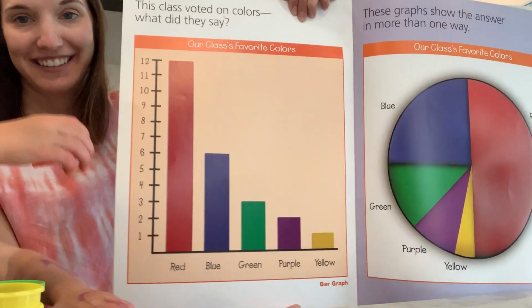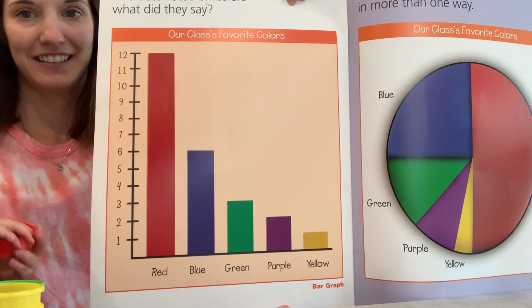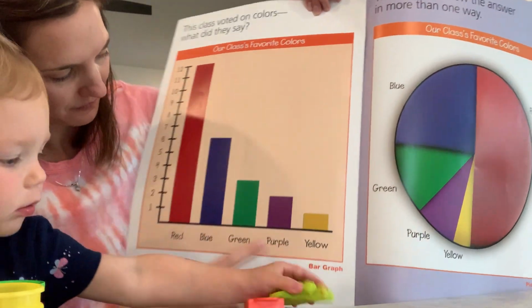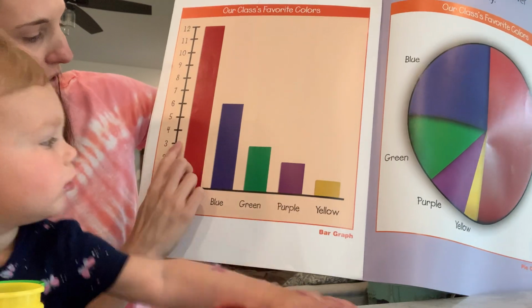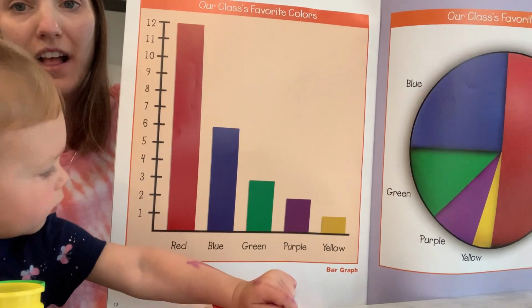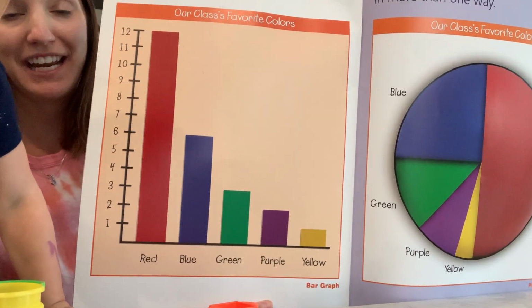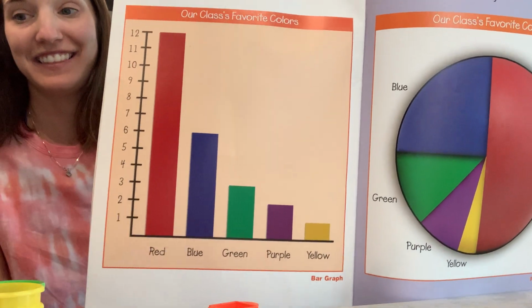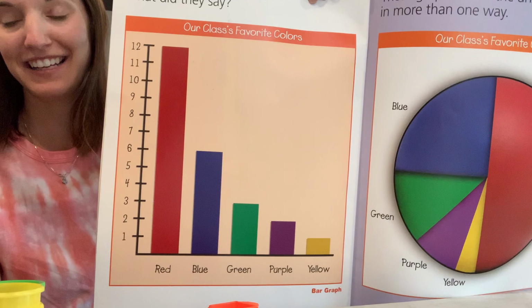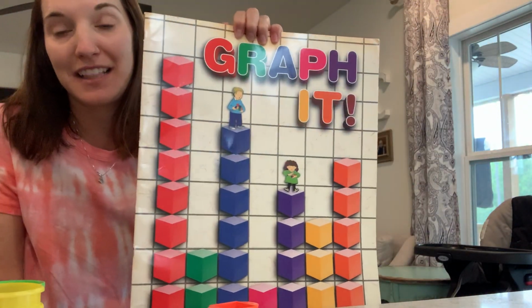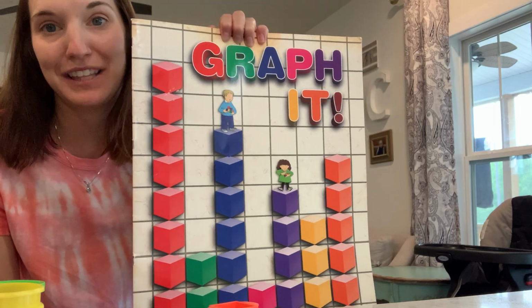There are 12 reds. There are 3 greens. 12 plus 3 more is how many? That's right, 15.